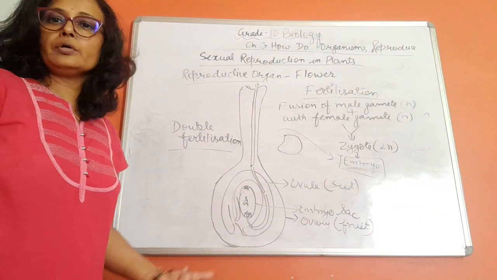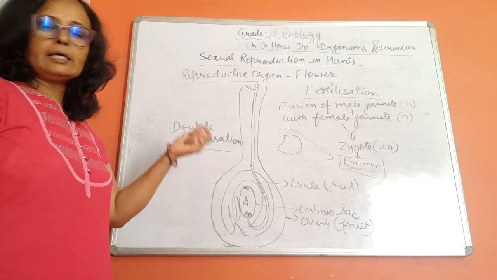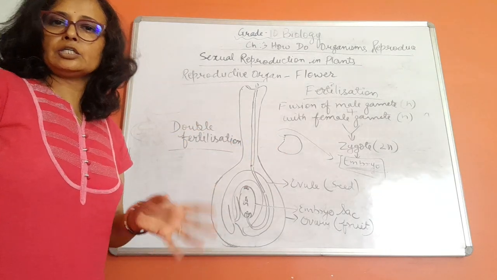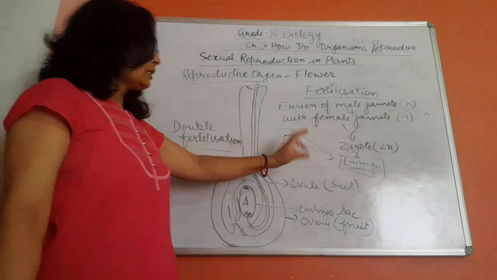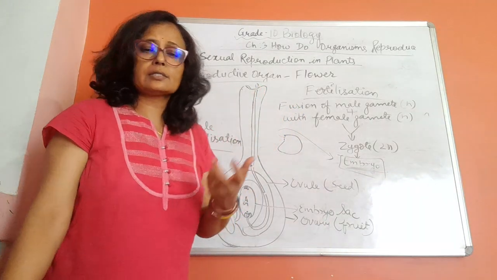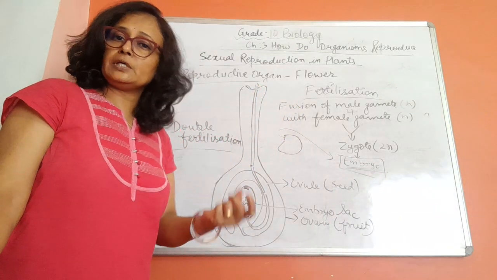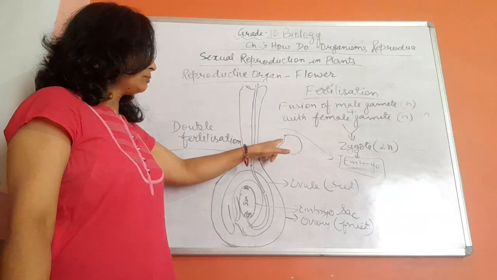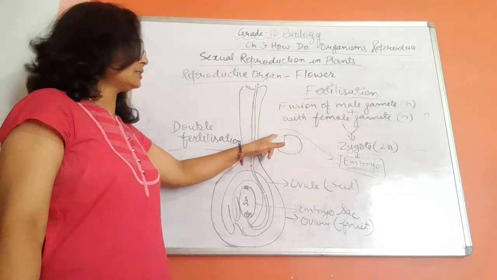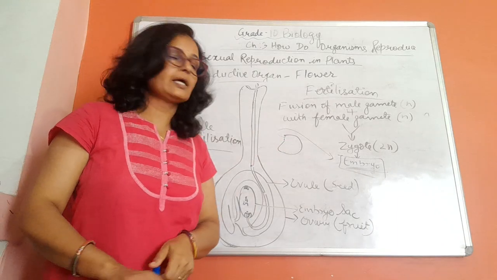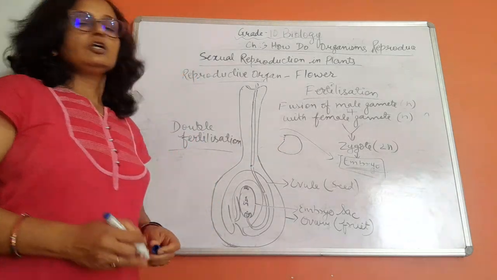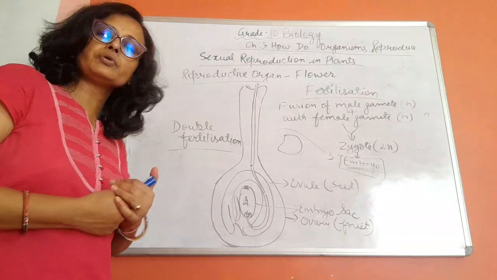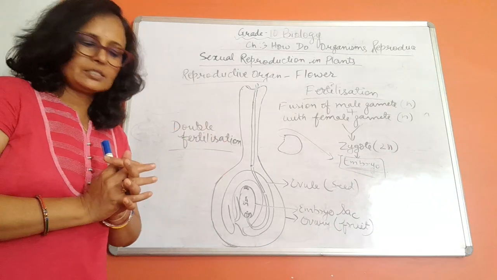And when we sow it under the soil and give proper water in presence of air, sunlight, all the nutrients, the tiny delicate seedlings come out. That is the sprouting. You can notice sprouting takes place from this part because the embryo is here, the hidden plant is here, from where the new plant arises. So in this way a new plant comes into existence after fertilization during favorable conditions.